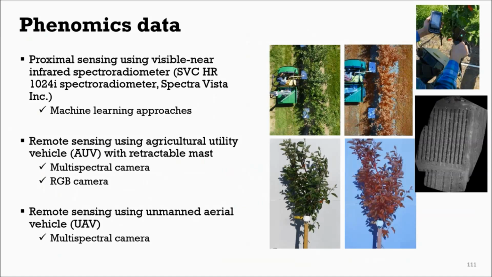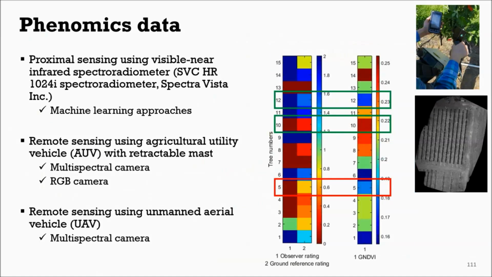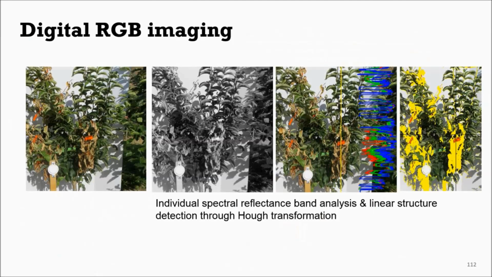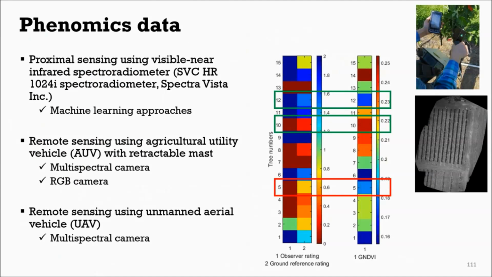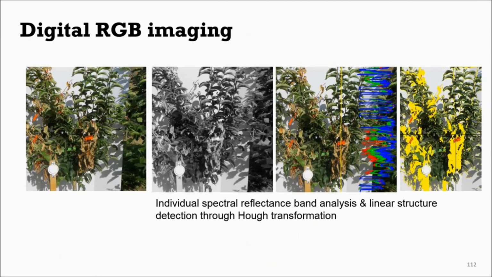But still we wanted to see aerial, to see if that is inducing some stress in the entire tree that we can still be able to see. We were a little bit ambitious, you can say that. Sometimes we get a good match with the ground rating, sometimes we don't. So we completely relied on the visible near-infrared spectroradiometer.